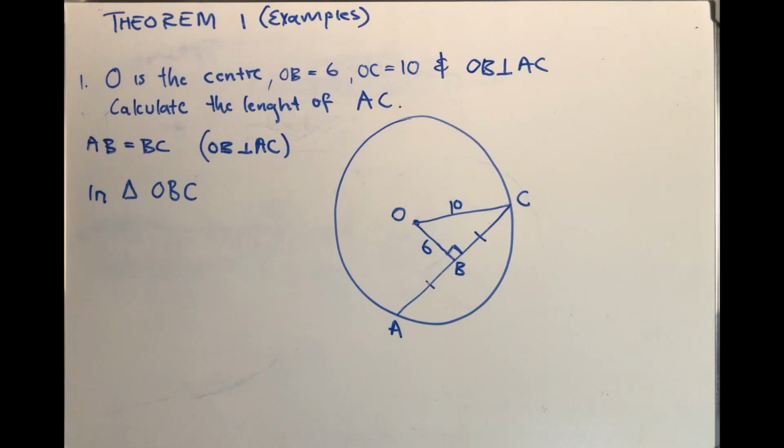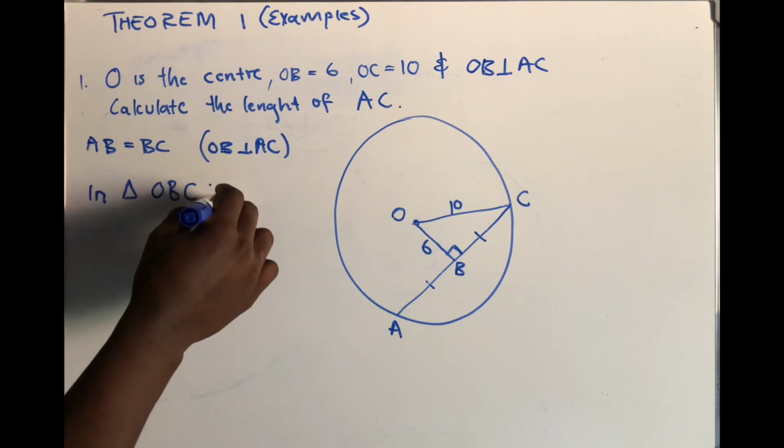Let's go ahead now and try to calculate the length of BC using the theorem of Pythagoras in triangle OBC. You can pause the video and try to solve the length of BC.